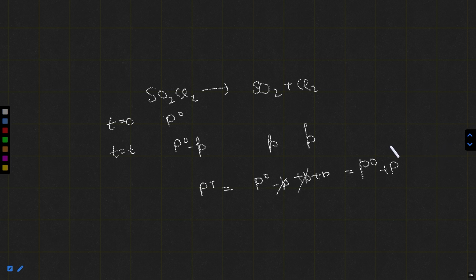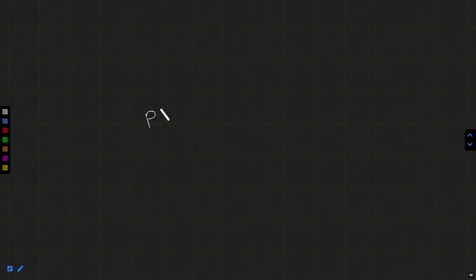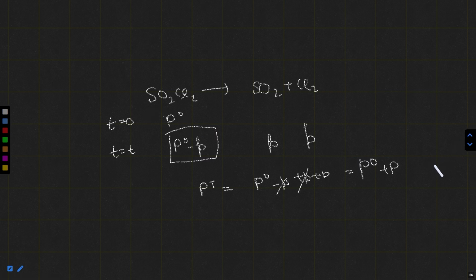Now if I ask you what is the pressure of SO2Cl2 at time t, that would be P naught minus p. Just now we have calculated the value of our P naught, or you can say p also. In terms of either one, you can do it. Suppose I am doing it in terms of p.